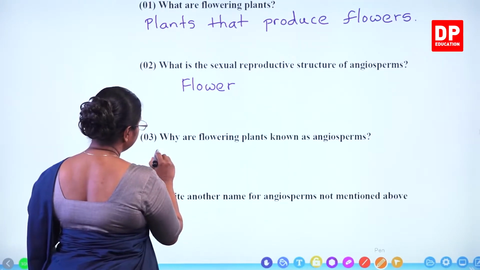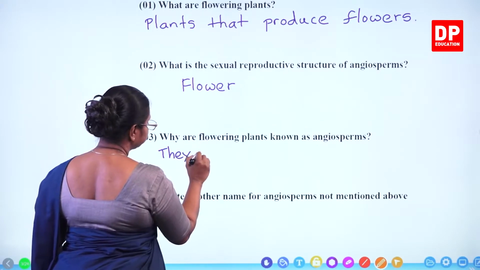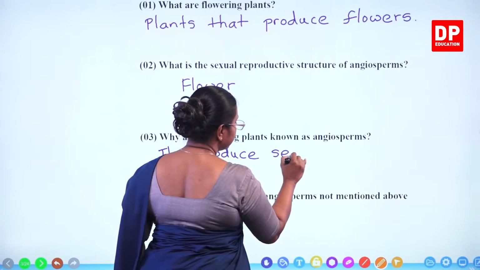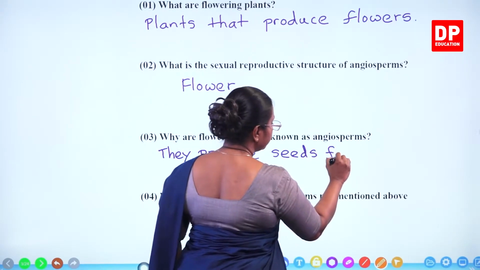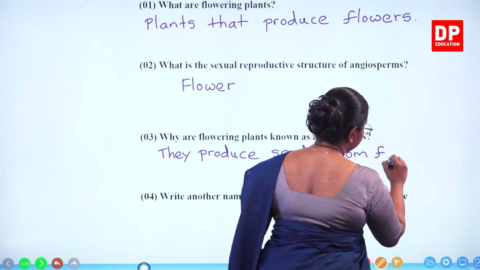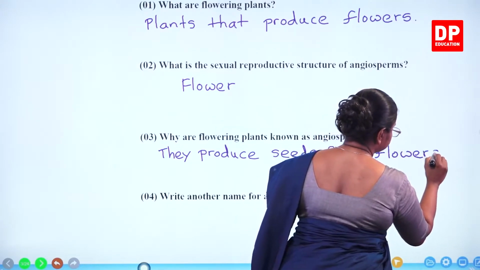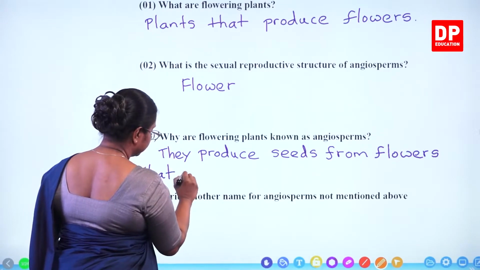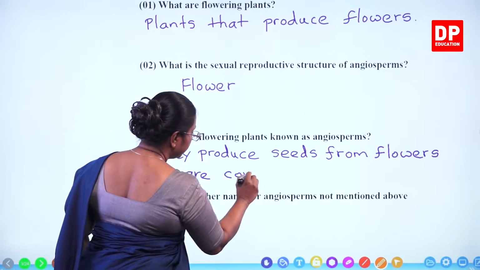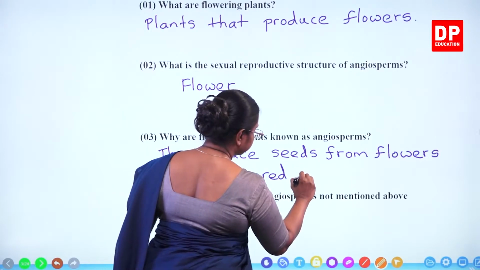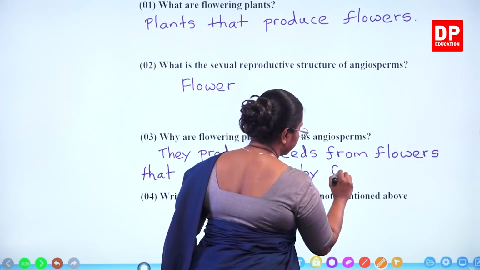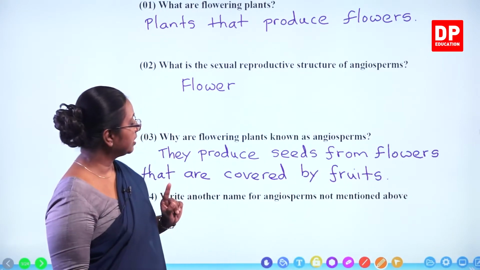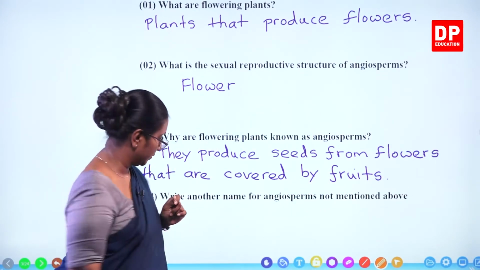So here we can say they produce seeds from flowers that are covered by fruits. So, seeds covered by fruits is known as angiosperms.